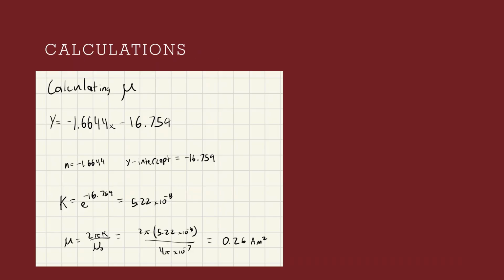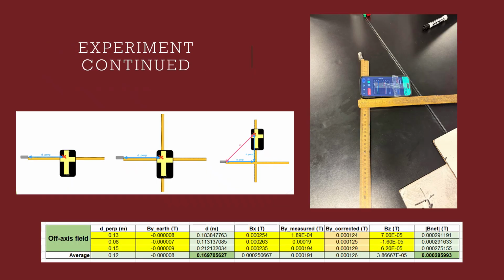Now here's the calculation for the dipole moment using the slope from the previous slide as well as the y-intercept. The value that we found was 0.26. The next part of the experiment was finding the perpendicular component of the magnetic field.